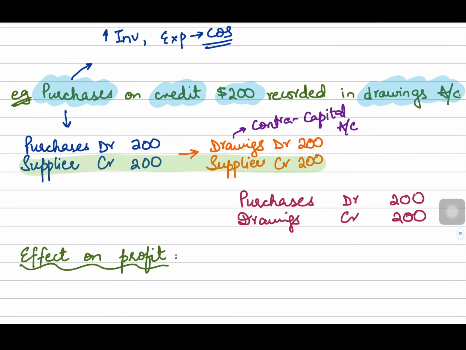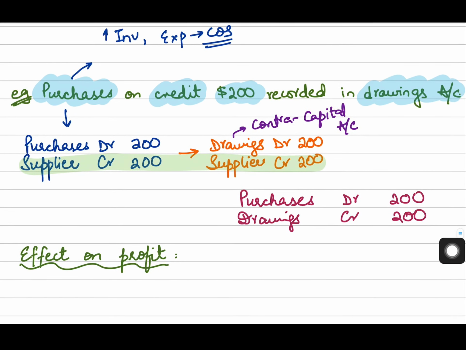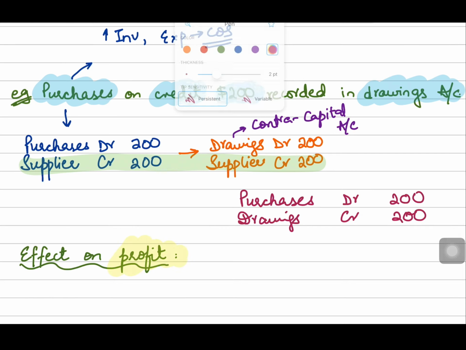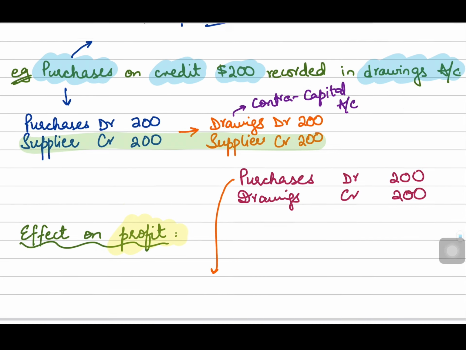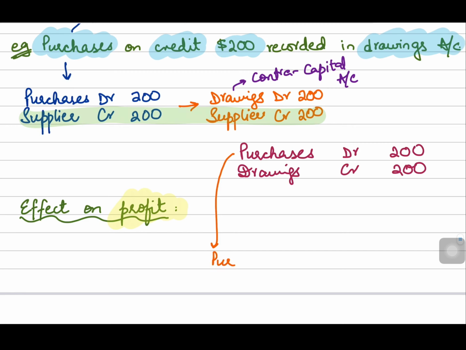Now, again, how will the correcting entry affect your profit? Will there again be no effect on the profit? Now, this time there will be an effect on the profit, and why is that so? Because of purchases. We know that purchases increase your cost of sales, right?